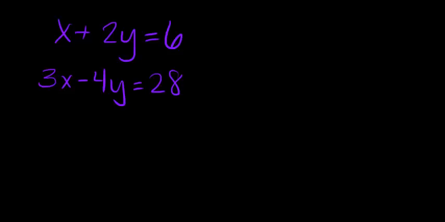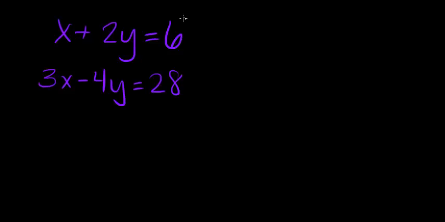When you look at the system, there is no expression where you have a variable by itself giving you an equal expression to substitute in. You don't have x equals 3y plus 2. So in this situation, we have to manipulate the equations to create an expression that we can substitute in for one of the variables.